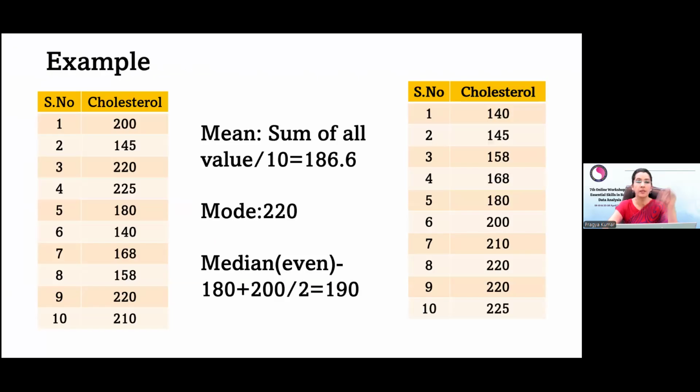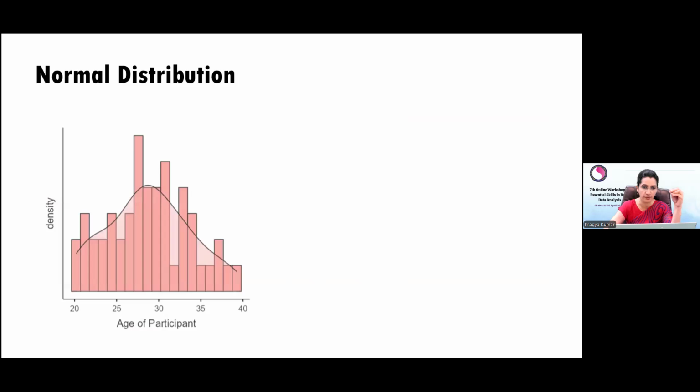So this is what we mean by the mean, median and mode. But again, you don't have to calculate it. Just to make you understand, we have shown this to you. You will get these values in the software. Coming to the normal distribution. The normal distribution curve is known as a bell-shaped curve. We know that.